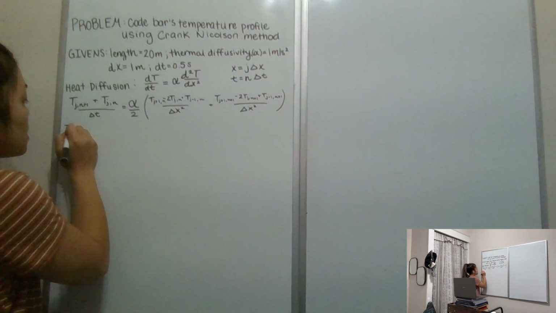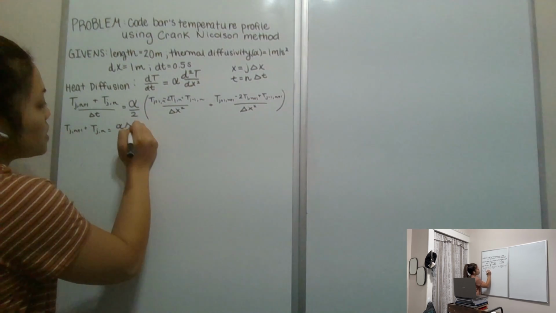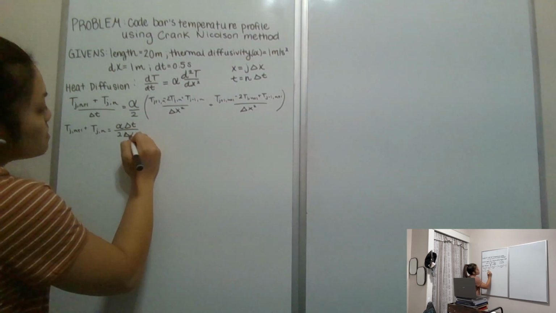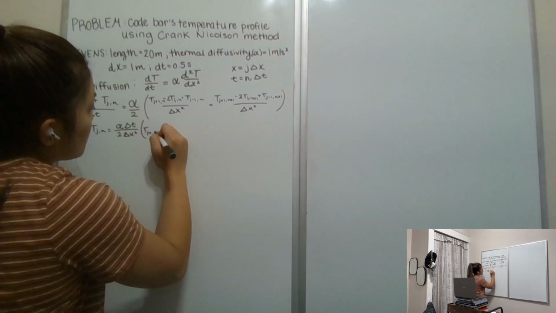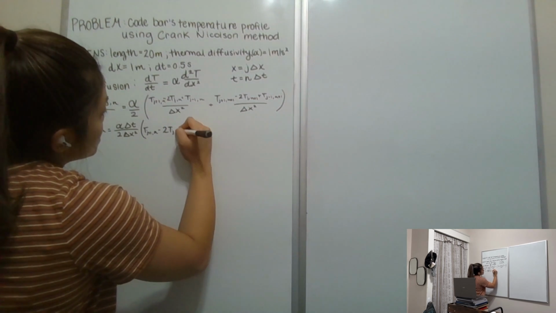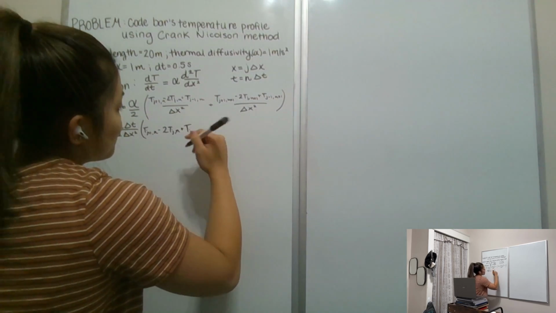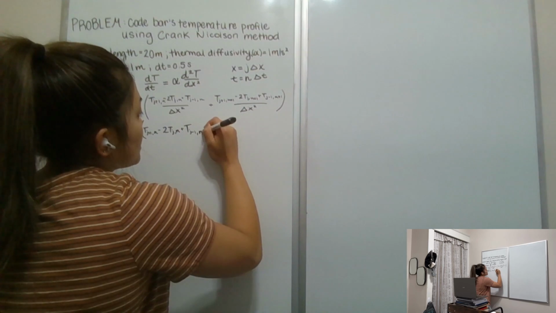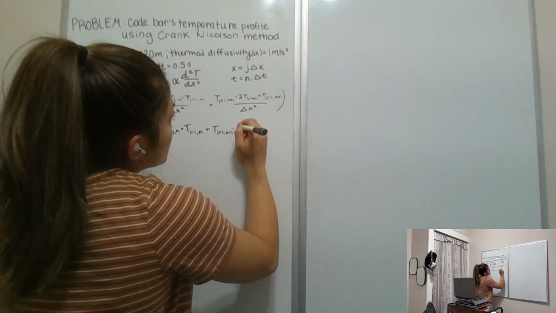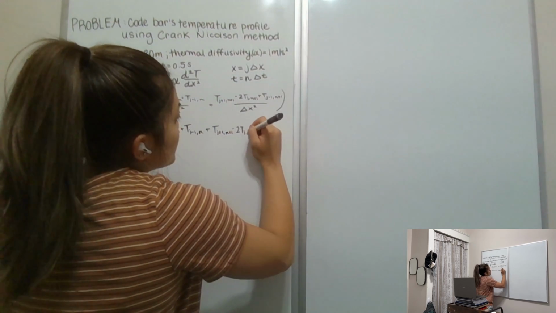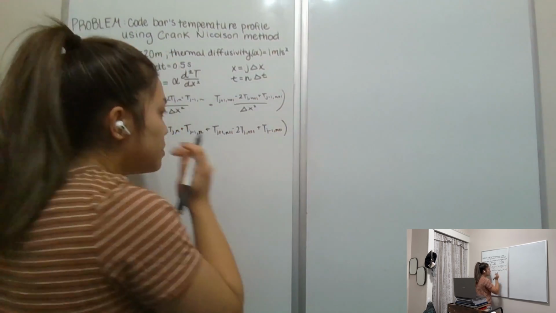So we'll have Tj at time n plus 1 minus Tj at n is equal to alpha times the time increment divided by 2 times the space increment squared, times the temperature at position j plus 1 at time n, minus 2 times the temperature at position j at time n, plus the temperature at position j minus 1 at time n, plus the temperature at position j plus 1 at time n plus 1, minus 2 times the temperature at position j at time n plus 1, plus the temperature at position j minus 1 at time n plus 1. Whew, what a mouthful. Okay.